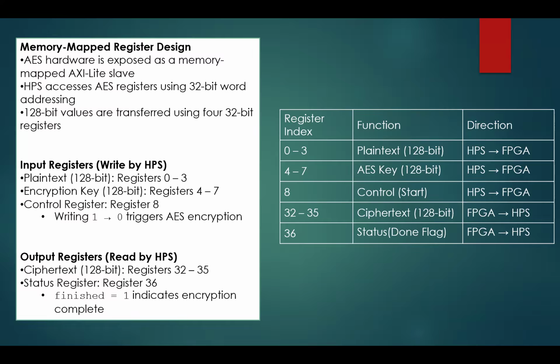Writing 1 to it triggers the AES encryption, as stated in the slide. The output registers read by HPS are the 128-bit ciphertext in registers 32 to 35 and the status register, register 36, where finished equal to 1 indicates encryption complete. You can see this table, HPS to FPGA, HPS to FPGA. The direction is mentioned in this table for each functionality.